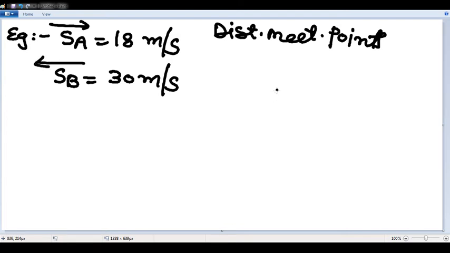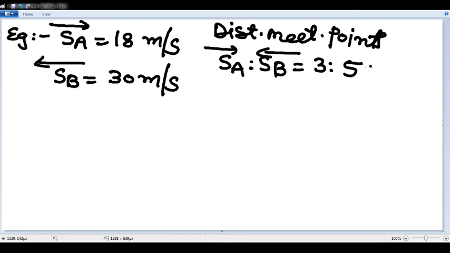So SA is to SB: 6 threes are 18, 6 fives are 30. Make it into simplest form. If they are traveling in the opposite direction, 3 plus 5 is 8.